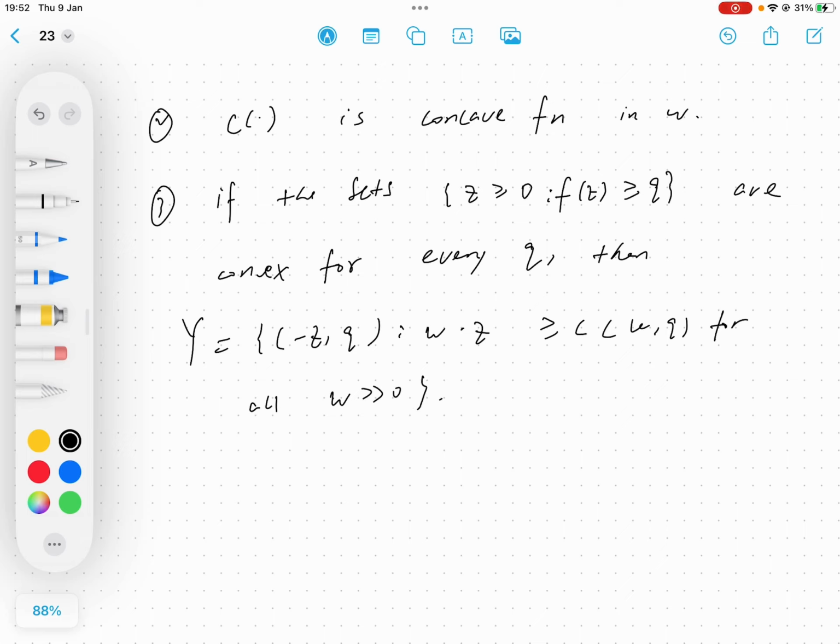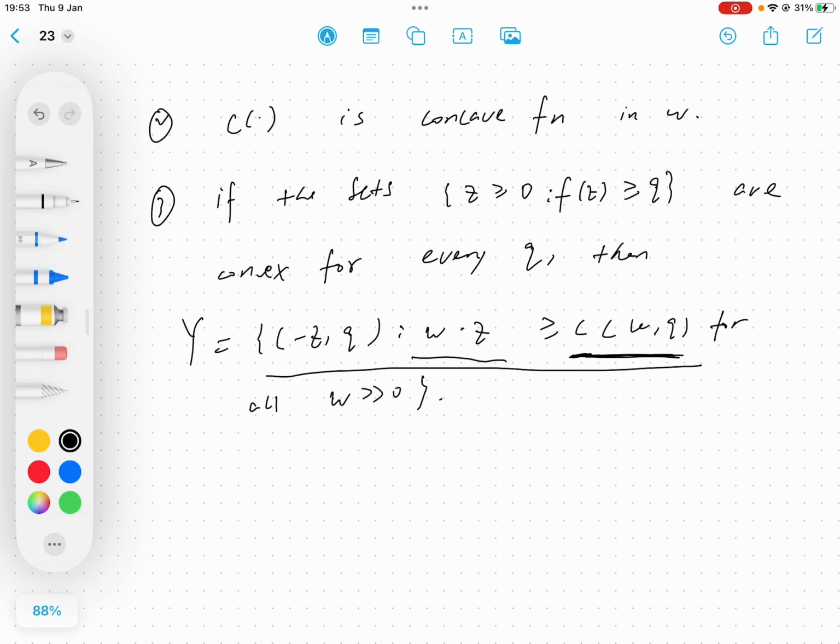Okay, so here we are saying that if the set of all those z's is convex for every level of Q, then we can represent our set of technology, or our set of production Y, to be exactly this set, using the level of those costs, which is at least some cost after we solve this problem.